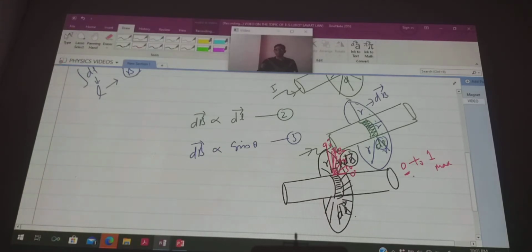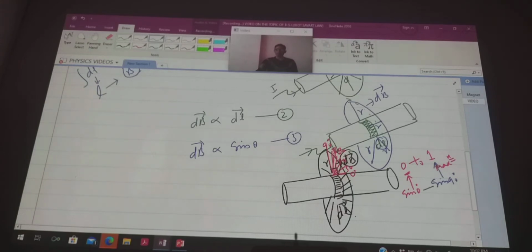So we understand that sine of 0 degree gives value 0 and sine of 90 degree gives value 1.